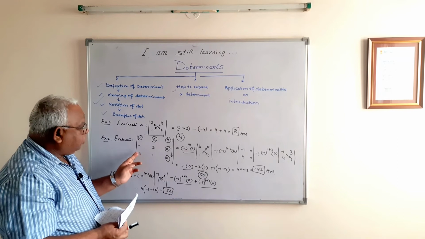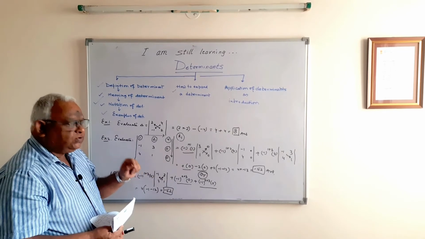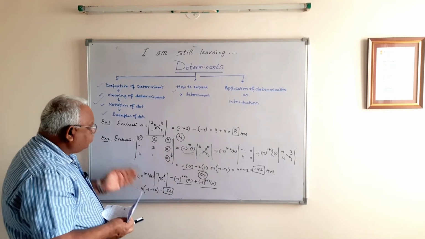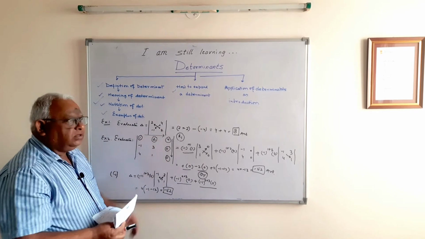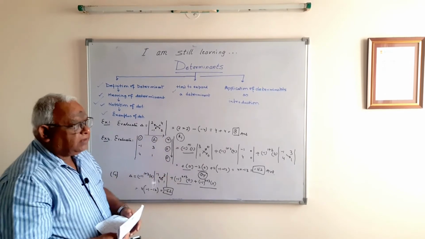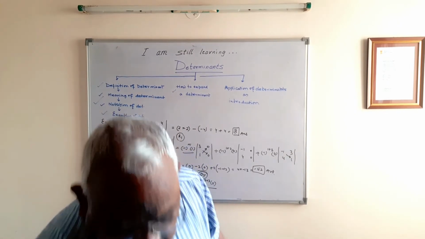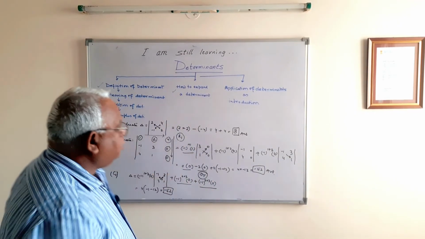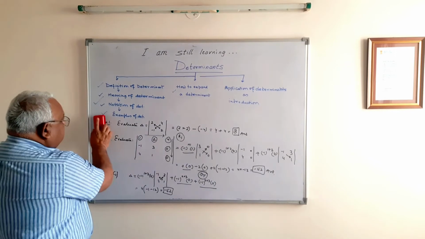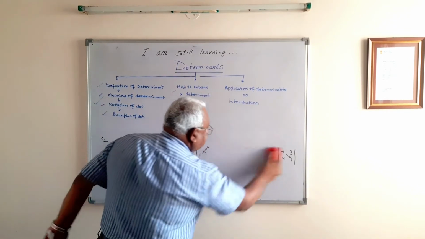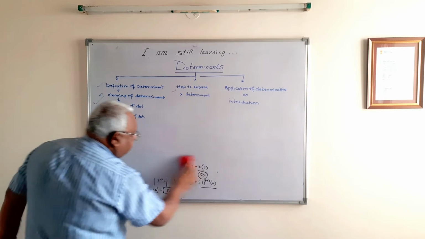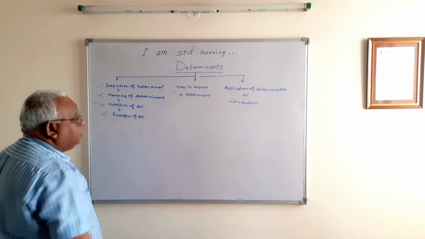That is why when you are expanding using first row, you are getting minus 52. When you are expanding by using the third column, you are again getting minus 52. That is the meaning of that word which exists in the definition, that your answer is going to be unique. I hope the meanings are clear, which I have underlined in the definition.